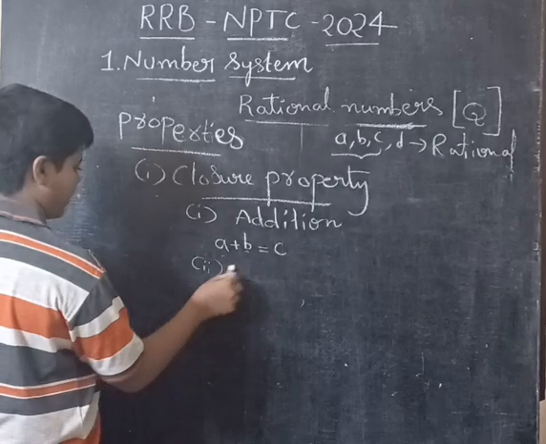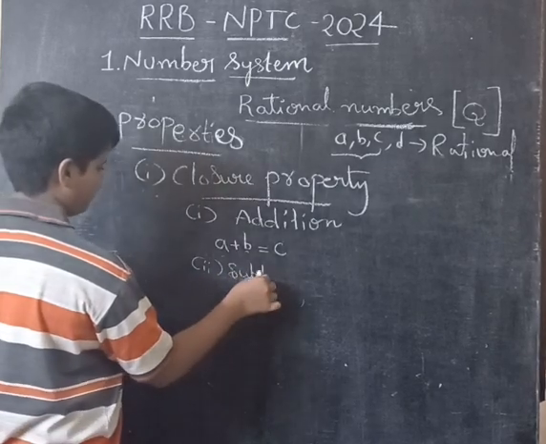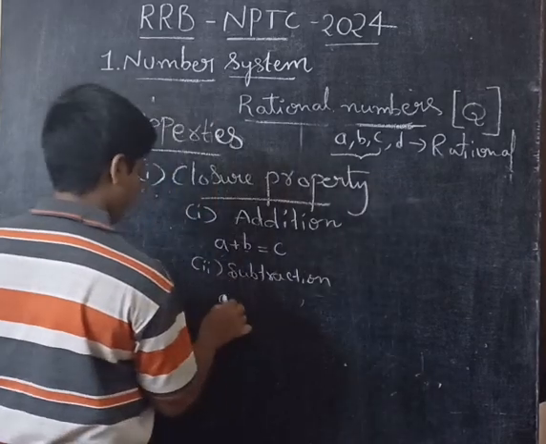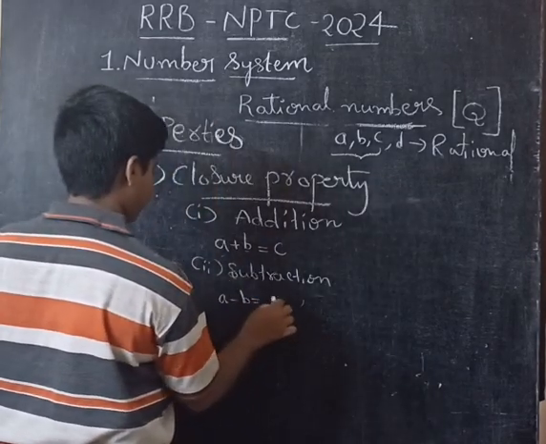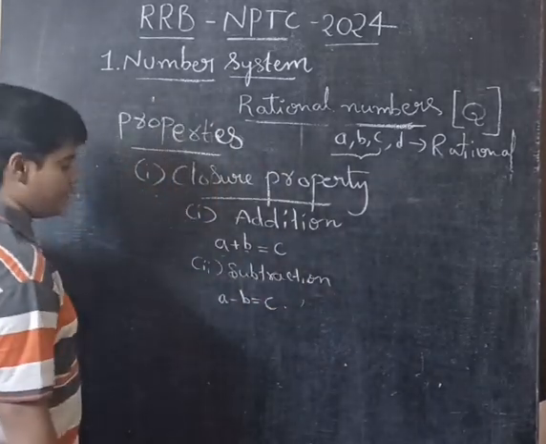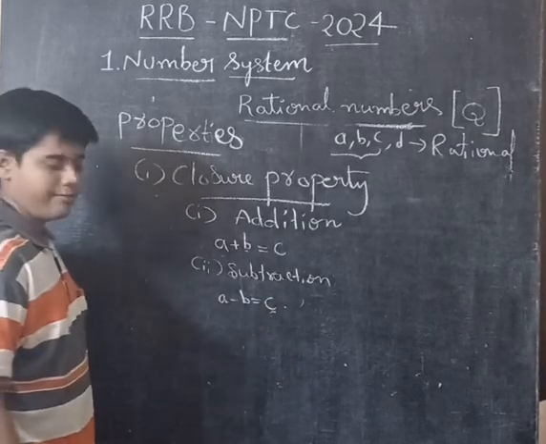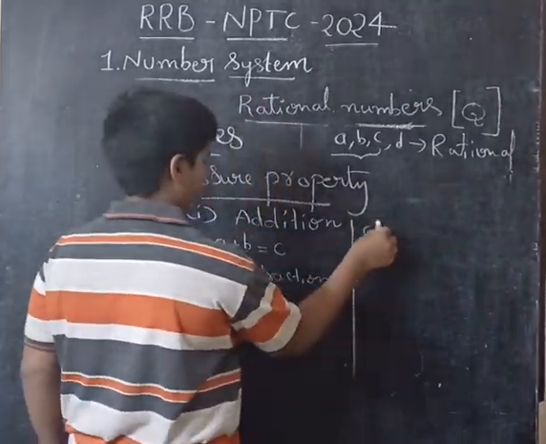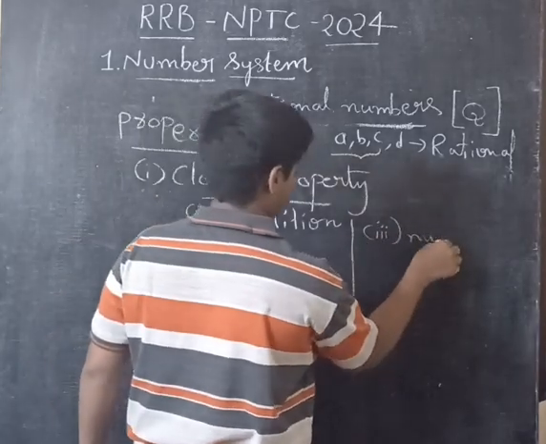And if you see subtraction, A minus B always gives C only. C is nothing but another value, we can't say the values. Third one, multiplication.